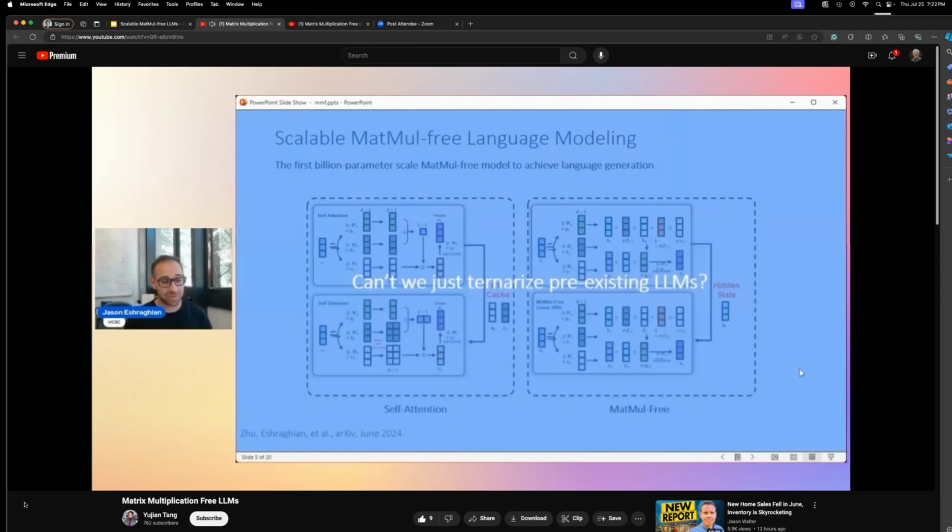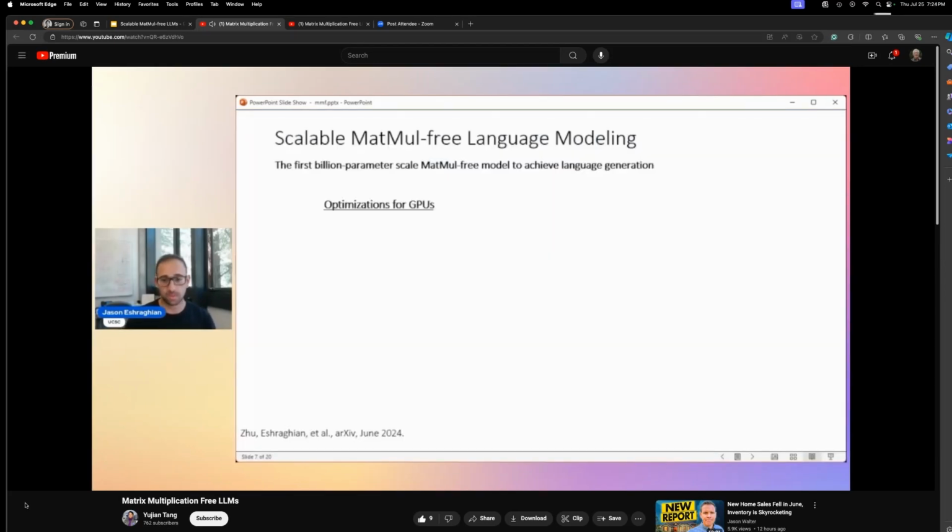So with that being said, what have we actually done? I've been alluding to how perhaps this model is only good for custom hardware implementations, but we still have to train this. And I should mention this caveat that this matrix multiply free approach is during inference only. For training, we still have to do matrix multiplies.